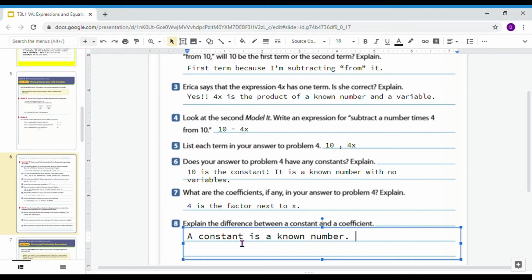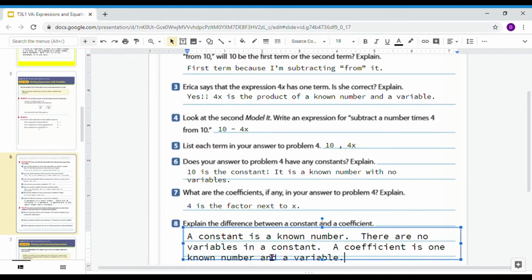There are no variables in a constant. But a coefficient is a little bit different because a coefficient is one known number and a variable. So that variable right there is the difference between a constant and a coefficient.